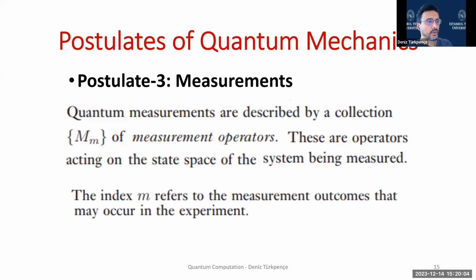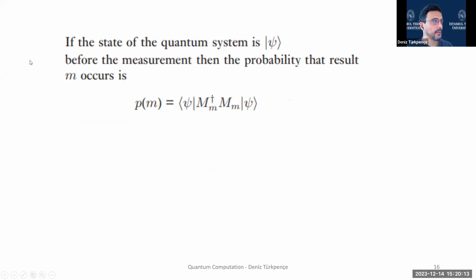Here the index m refers to the measurement outcomes that might occur in the experiment. So this is my postulate. If the state of the quantum system is, say, psi before the measurement, then the probability that the result m occurs can be found by this inner product. This is the way I obtain the probability of measuring the system in a specific quantum state.